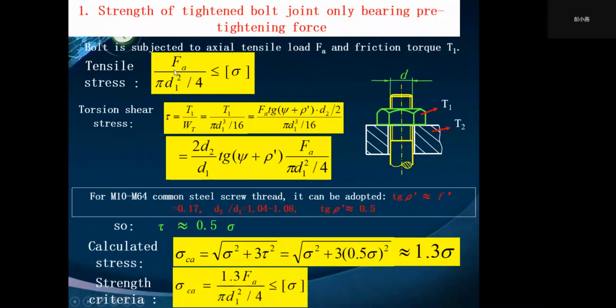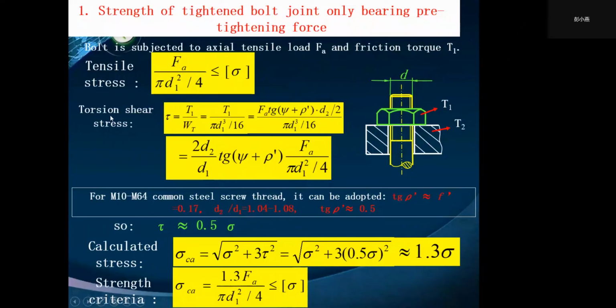For tensile stress, the strength criterion is that the actual tensile stress should be less than the allowable stress. The actual stress acting on the bolt is the actual tensile load, the preload, divided by the area.